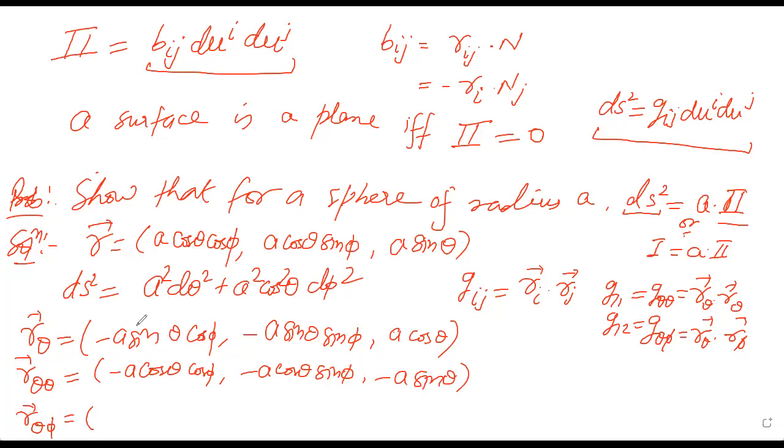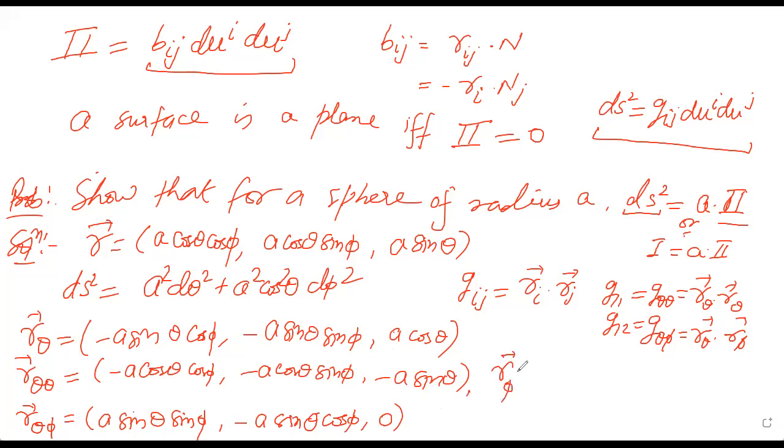Treating this as a constant, minus minus plus, it will become a sin theta sin phi, then minus a sin theta cos phi, and with respect to phi it will be 0. Okay, so you got r_θφ. One more term you need, two terms in fact, you need r_φ.